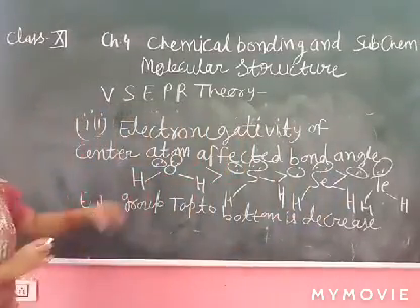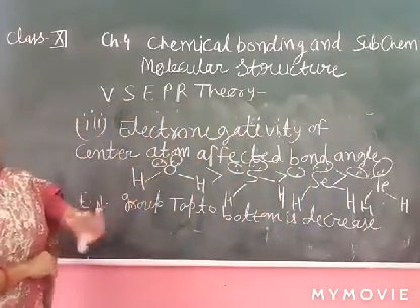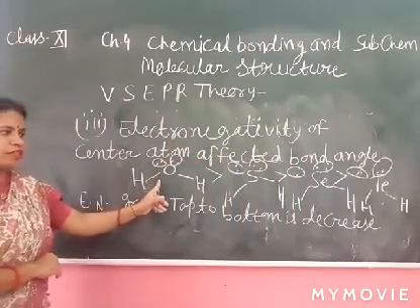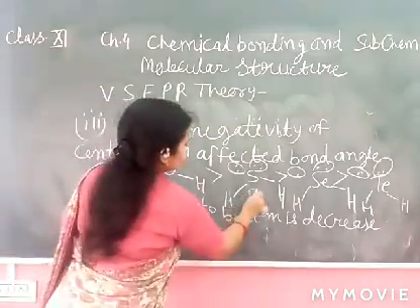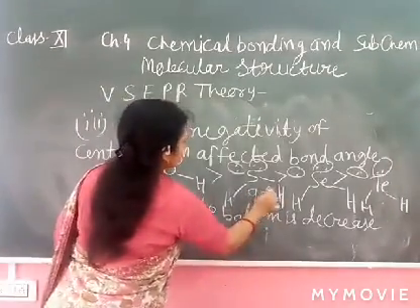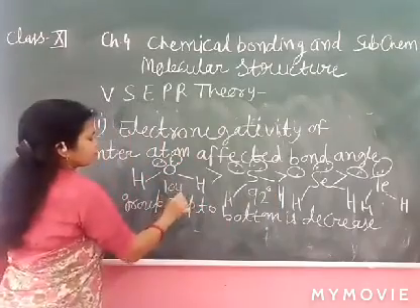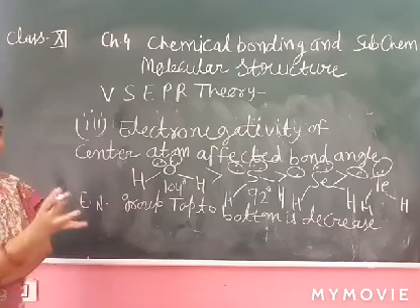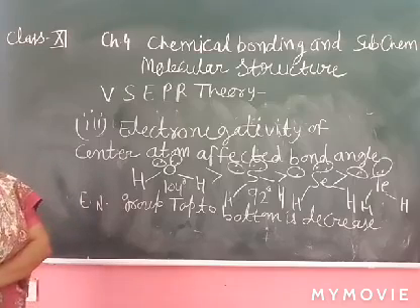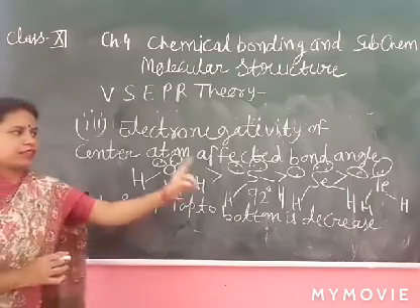Bond angle goes from 104 degrees to about 92, 93 degrees. So bond angle is decreased when the electronegativity of the center atom is decreased.